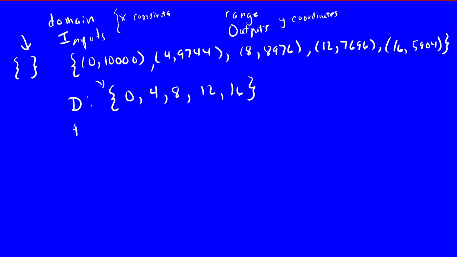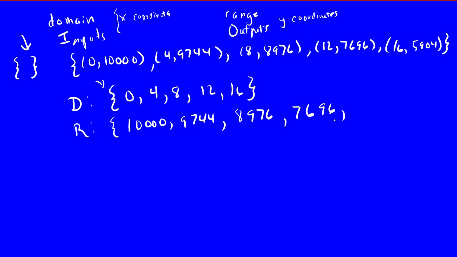Now, the range is the set of the y values. So our range is 10,000, 9,744, 8,976, 7,696, and 5,904.